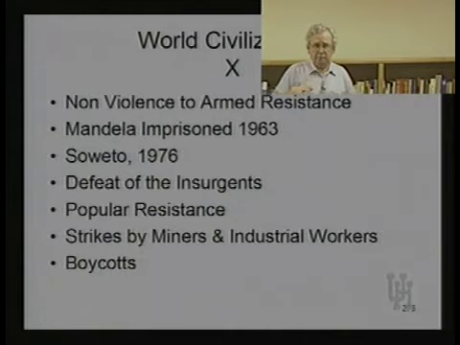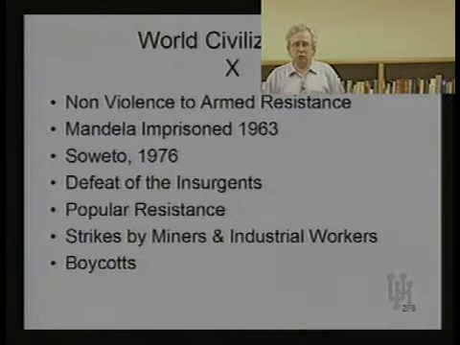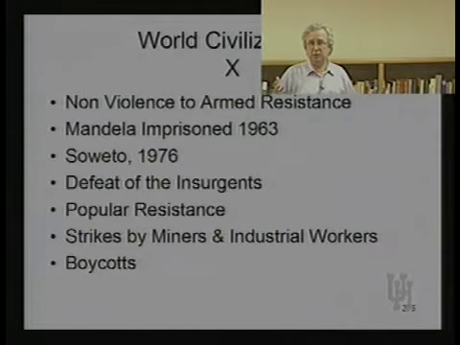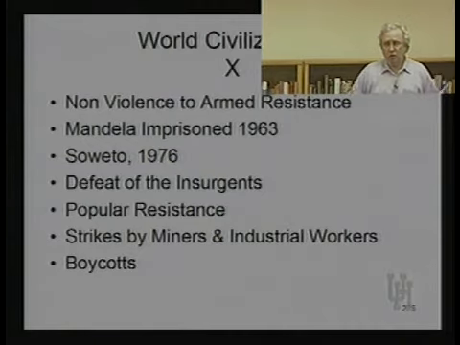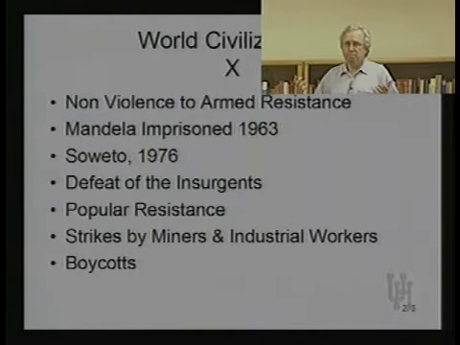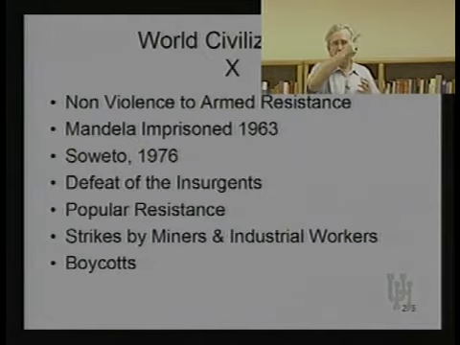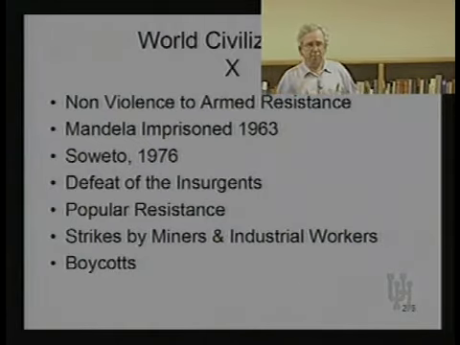Along the way, other forms of popular resistance also erupt in shanty towns, places like Soweto. These were vast areas of African settlement that ringed the major cities like Pretoria in South Africa.